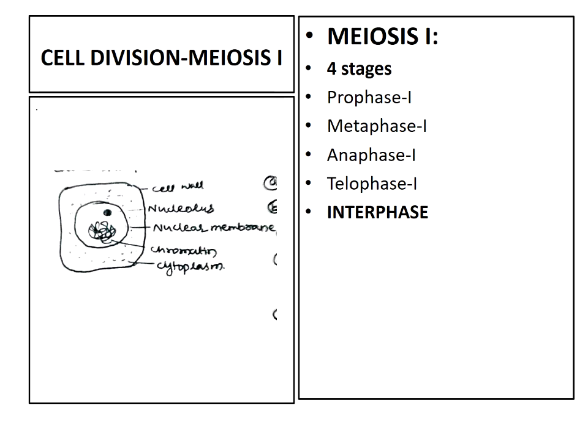Before entering the divisional stages, there is a resting stage called interphase. The important events of interphase are the synthesis of DNA, the synthesis of RNA, and the formation of many enzymatic proteins.